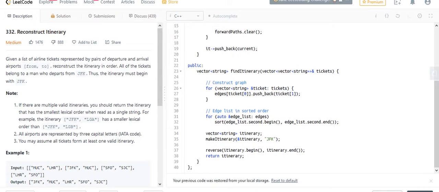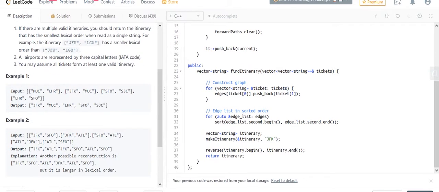Moving on to this itinerary problem. Here we are given the ends of edges, and we have to construct a path which starts from the initial given vertex and goes on one by one, like an itinerary, and this path is going to cover all of the given graph.